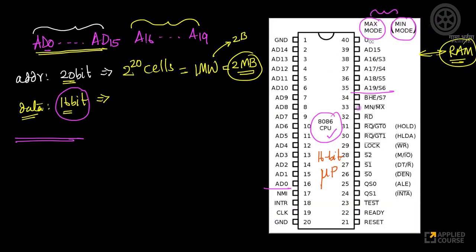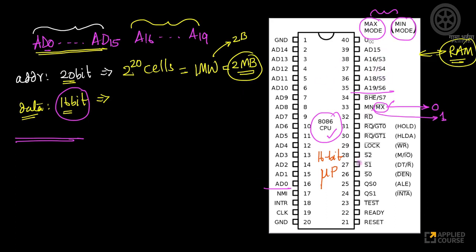So you have a bit here called the min or max bit. If this is set to 0, we are operating in max mode. If this is set to 1, the chip is working in min mode.